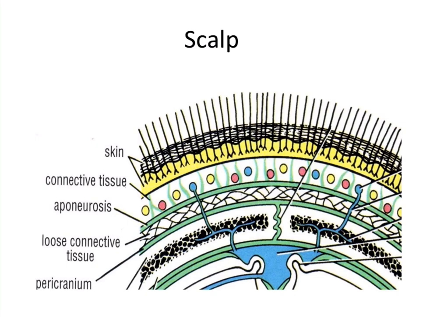This is the fourth layer, which is loose connective tissue. Here is the loose connective tissue, and the last layer, which is part of the skull, we call the pericranium. These are the 5 layers of the scalp.